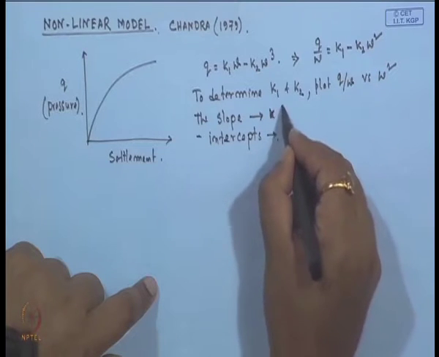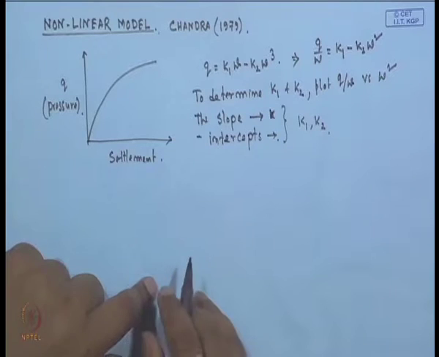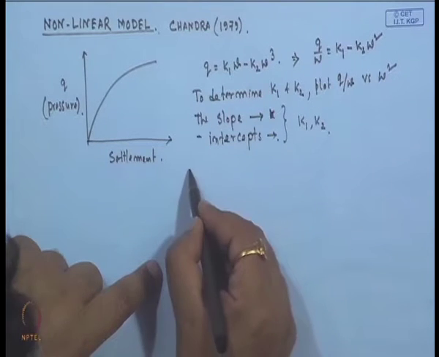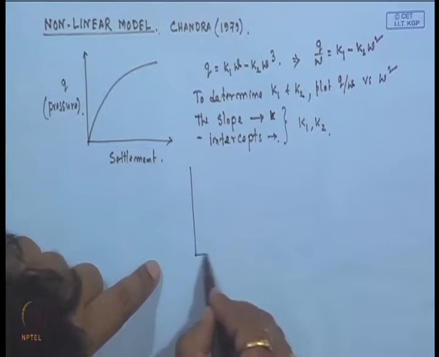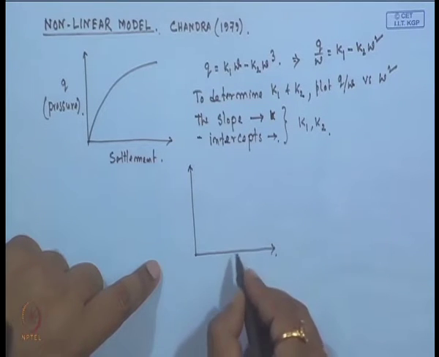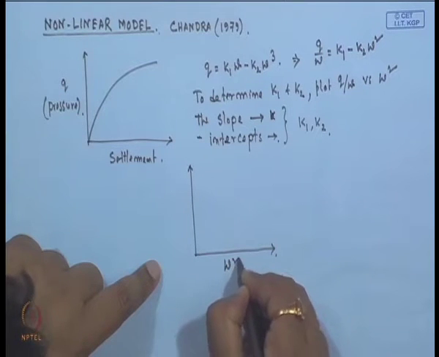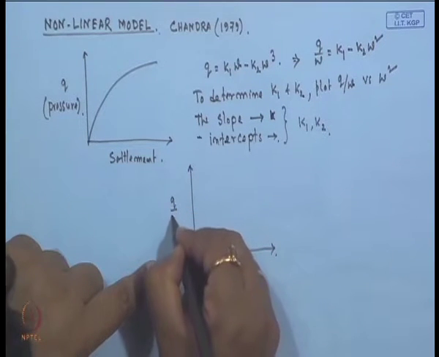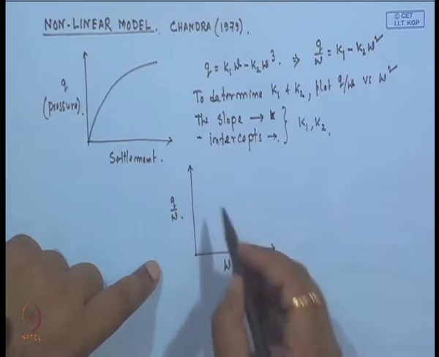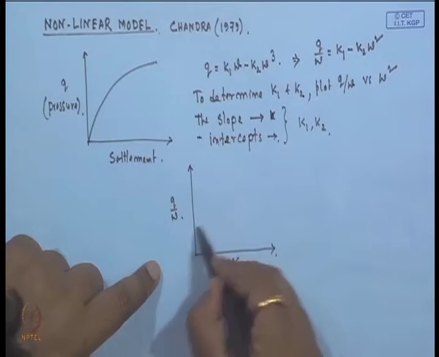So, that means from here we get this K 1 and K 2 value. So, suppose we will get this type of curve. If I plot W square here and Q by W, then we will get this type of curve.